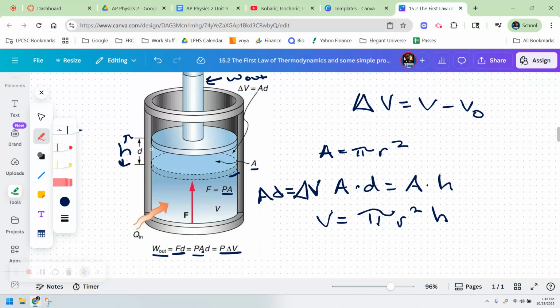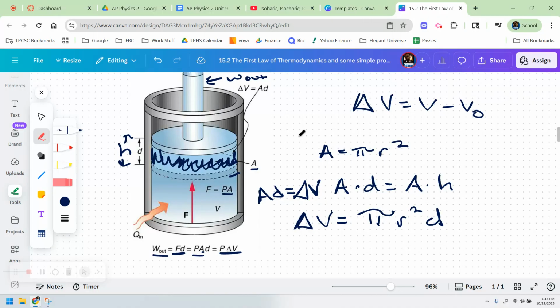Because we can calculate the area of this right here. That's where I was going with that. So this is technically delta V, but instead of H, I'm just focusing on that distance. What I'm really doing is calculating the volume of the cylinder, and that's just the change in distance, right?